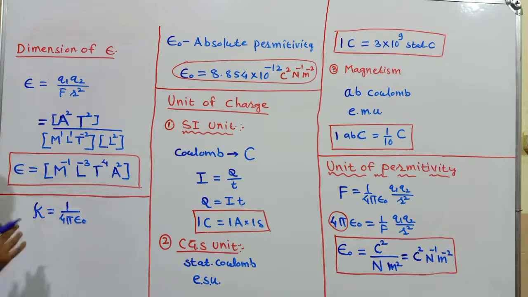Now my further focus is to know the value of Coulomb constant. I need to work out the value of this 1 upon 4 pi epsilon 0, very Coulomb's constant. And to keep it simple, what I will have to do is just substitute all the terms which I have there.